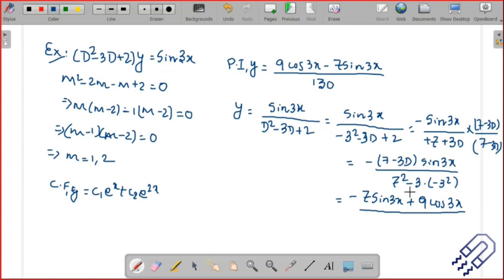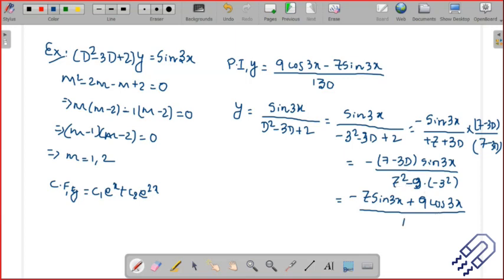Denominator, why am I getting this? Am I doing something wrong here? 7 square, oh sorry, this is 9. D square is 9. So this is 9 into 9, 81. So 49 plus 81 means 130.